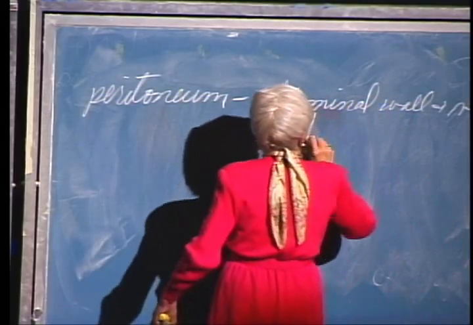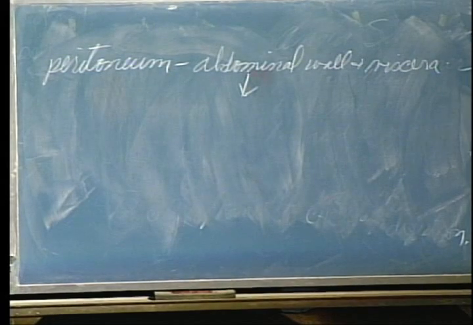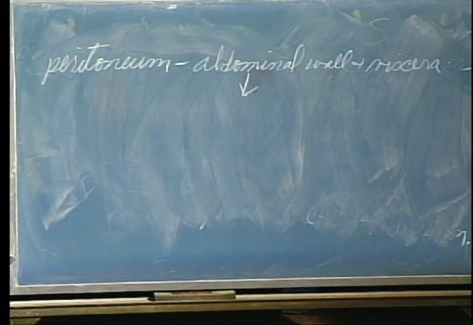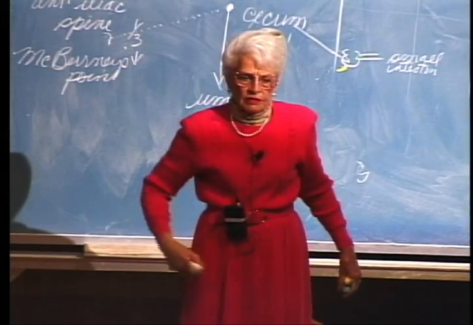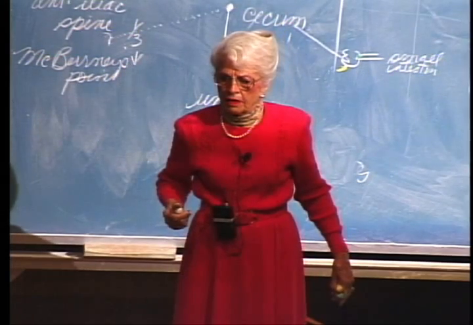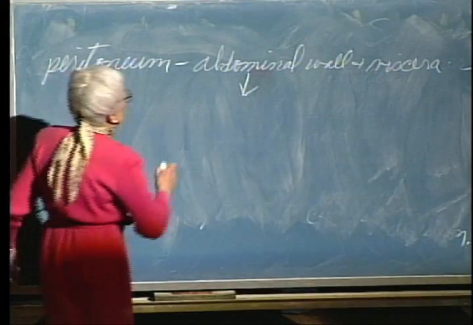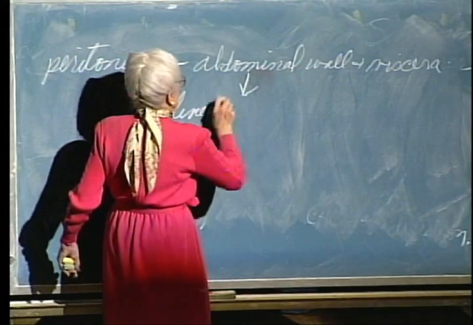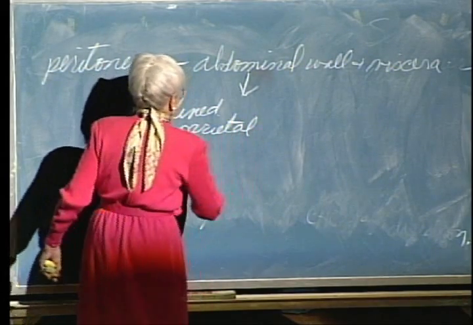So the abdominal wall, what are you going to line it with? You're young anatomists, you've got to give it a name. What are you going to name the peritoneum lining the abdominal cavity? Can't hear you. Parietal peritoneum. Right, so the abdominal wall is lined with parietal peritoneum.